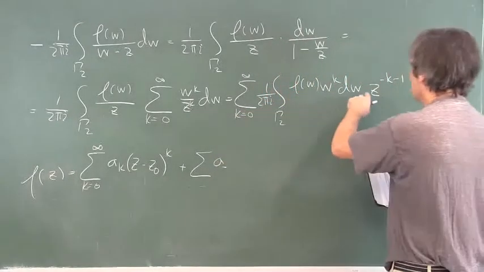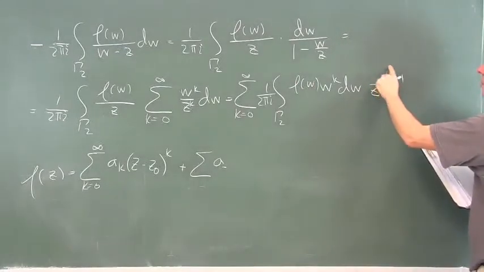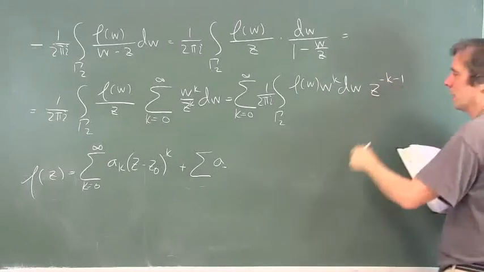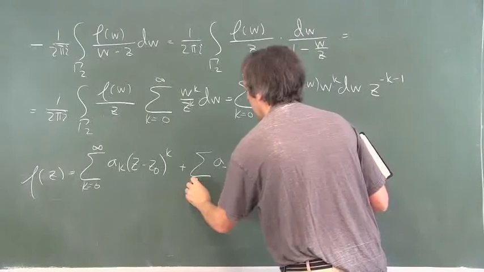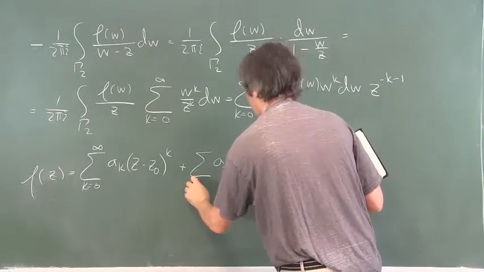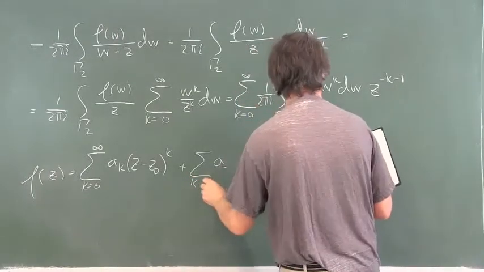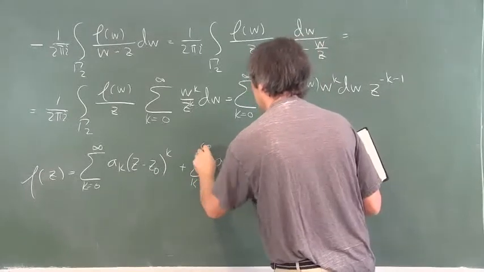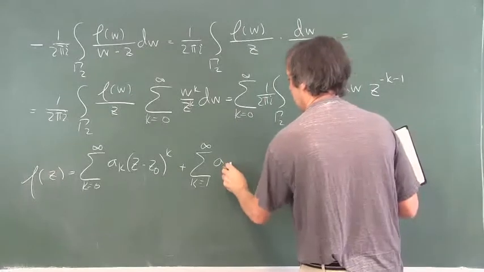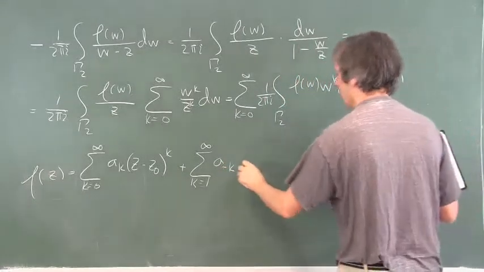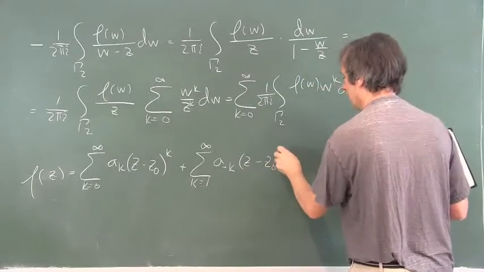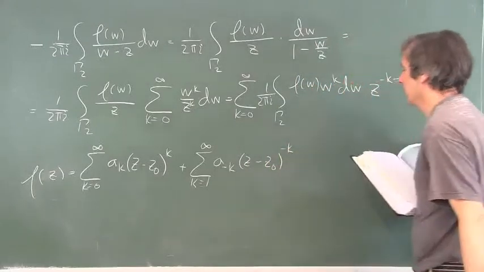First of all, let's note that if we move the index of summation here one step, so we replace k by k plus 1, then we can write this as a sum k goes from 1 to infinity of a_k minus 1, and then times z minus z naught to the power k.